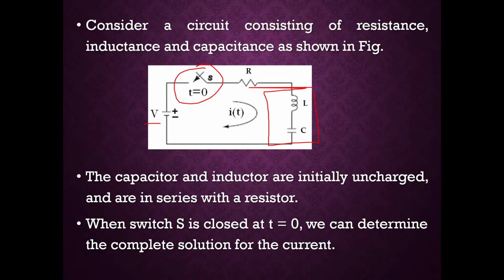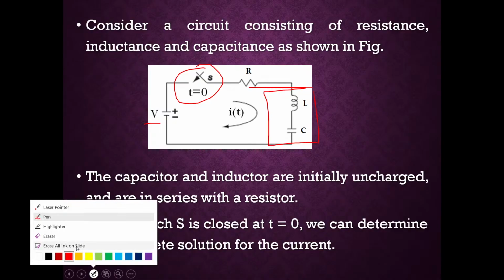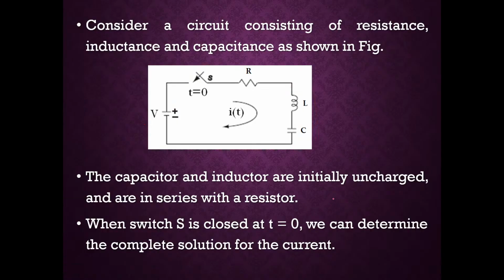As soon as the switch is closed, the inductor acts as an open circuit and the capacitor acts as a short circuit. So the current through the inductor is 0 and the voltage across the capacitor is 0.